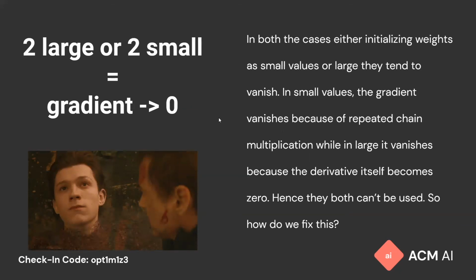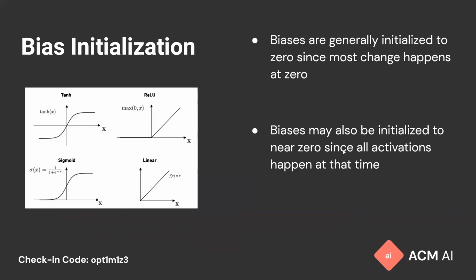So this is the issue: we cannot have too high or too small gradients. We control this with variance. I'll also briefly mention the bias.